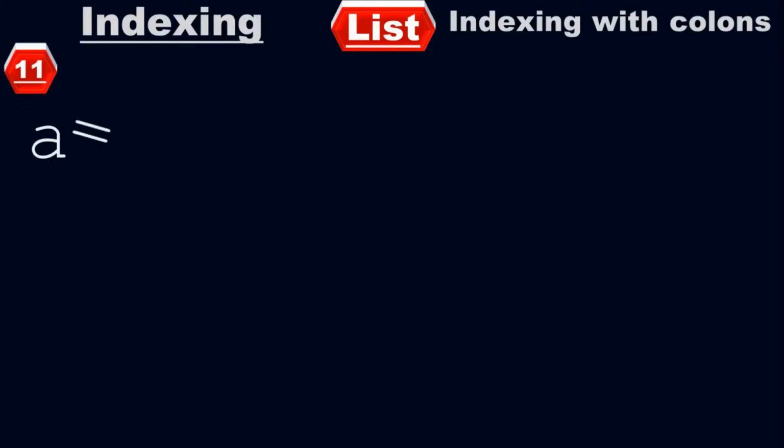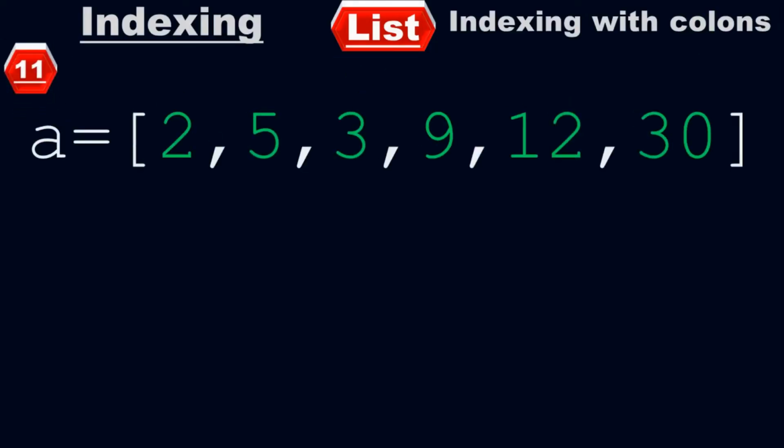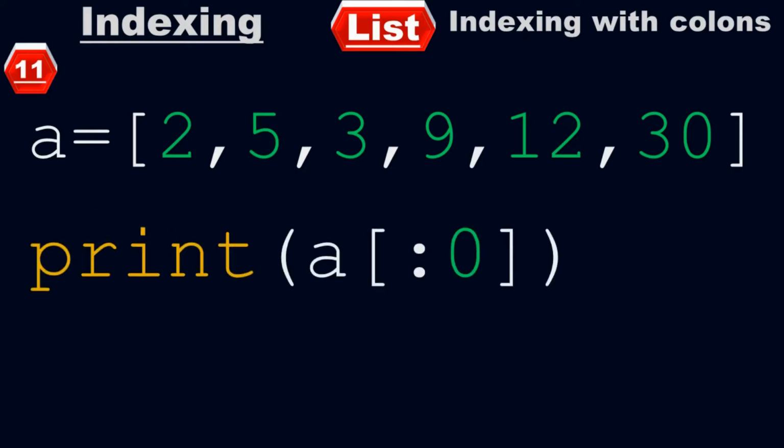Example number 11. a equals [2, 5, 3, 9, 12, 30]. This time I have print of a of colon 0, which returns an empty list. If you skip the 0 on the left side, by default the program will start from index 0, even if you don't have any value on the left of the colon.